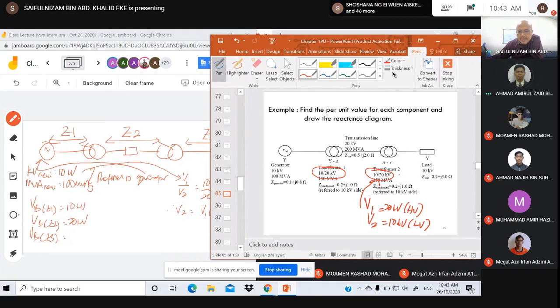So you can swap the turns ratio of the transformer to the suitable value. If T1 is, for example, 18 kV on the secondary, that is close to 20, right? So this one also should be 20 on the primary and the 10 refers to the secondary. Otherwise, it's not logical. It's 20, this one 10. How come, right?